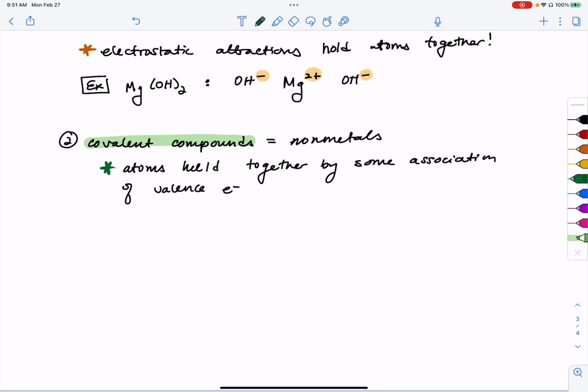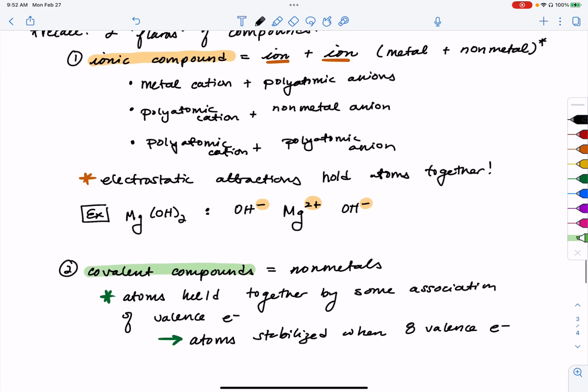We have to remind ourselves that the whole driving reason why anything does anything at all in the universe is to achieve some kind of energetically stable state. And remember, when talking about electrons, specifically valence electrons, we know that atoms are stabilized when they have 8 valence electrons. Now, this is true for the ionic compounds as well.